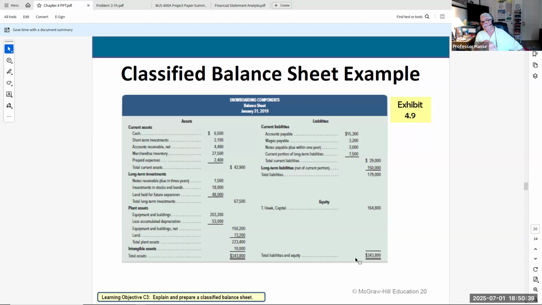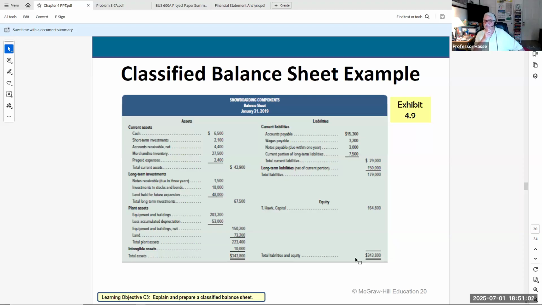But notice it just categorizes the assets into short-term and long-term. And the same thing in liabilities. Note, payables. Anything that's a payable is current. If it's a bond, if it's a note, that's long-term. So that's the key difference between assignment 2 and assignment 3.